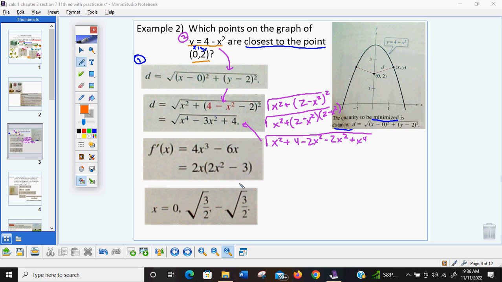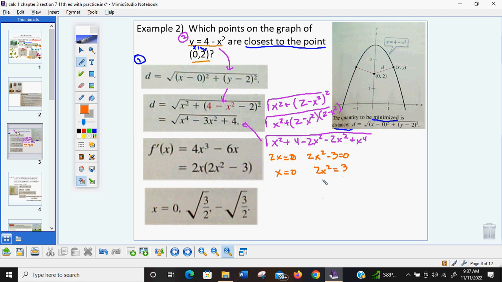Now remember, to find the critical values, what we want to do now is set this equal to 0. So let's come over here. We're going to say 2x equals 0. That gives us x equals 0. And then we're going to say 2x squared minus 3 equals 0. That gives us 2x squared equals positive 3.